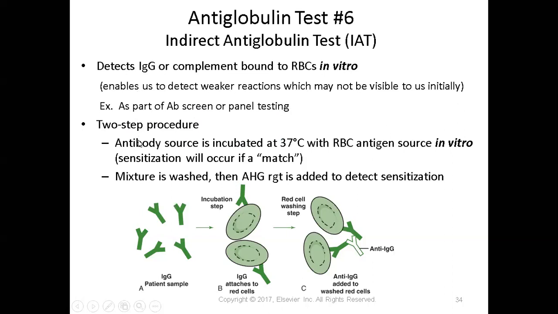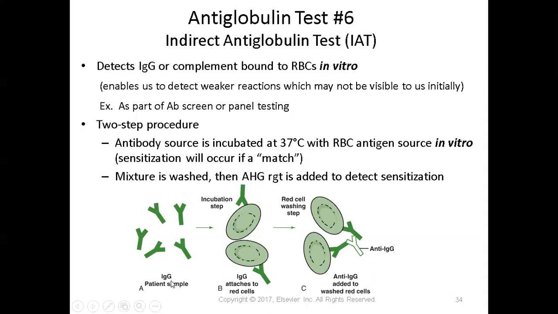Now, if this is a target for the antigen, sensitization is going to occur, but we may not be able to visualize it if there's not cross-linking. So we wash the mixture, we add our AHG, and then our AHG is going to allow us to see that sensitization occurred. So it's the same idea, it's just we're doing this testing in vitro, okay?